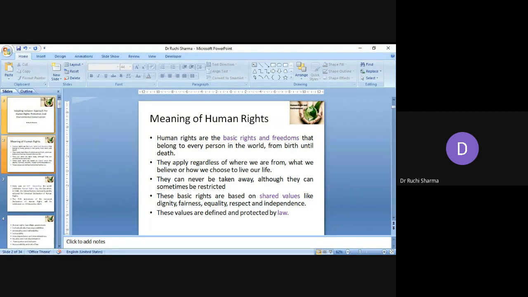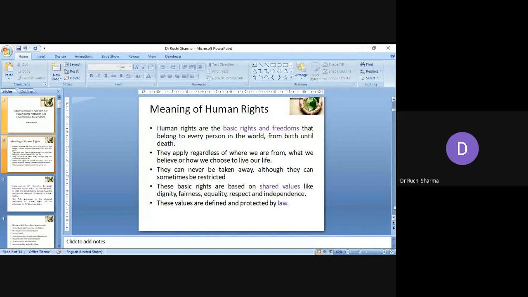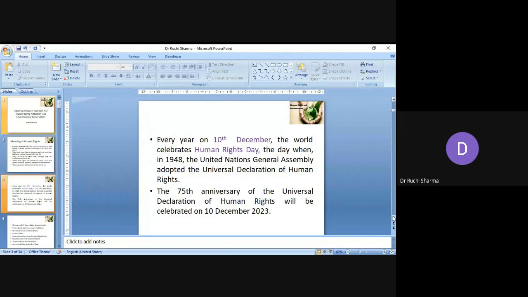And these rights are protected by the law, as a result, to maintain equality and social balance in society. Every year on 10th December, the world celebrates Human Rights Day.